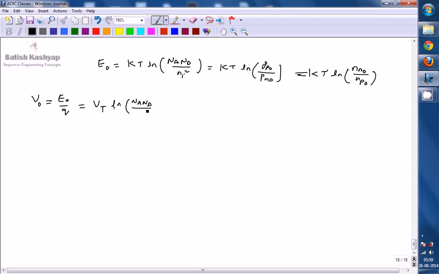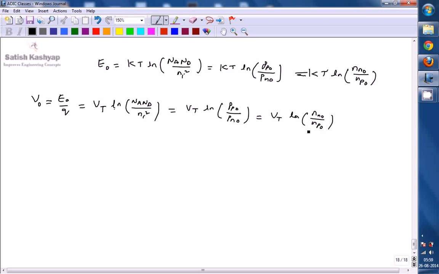V naught is equal to VT natural logarithm of Na Nd divided by Ni square, which is equal to VT natural logarithm of Pp naught divided by Pn naught, which is equal to VT natural logarithm of Nn naught divided by Np naught.